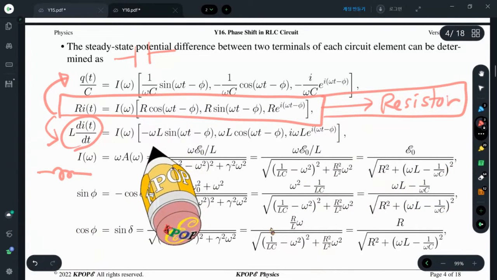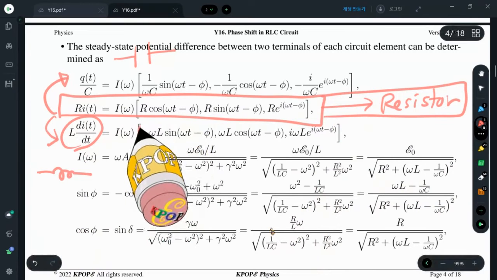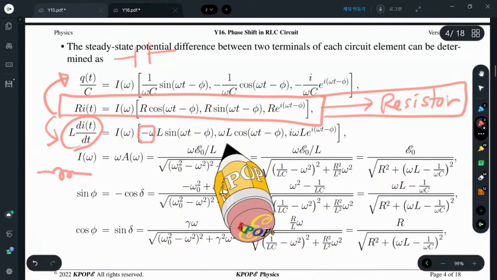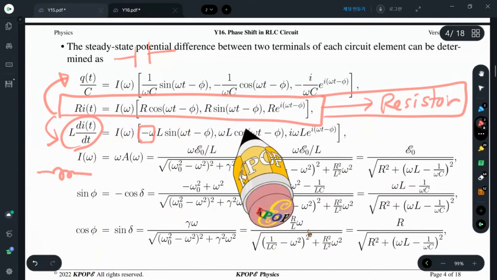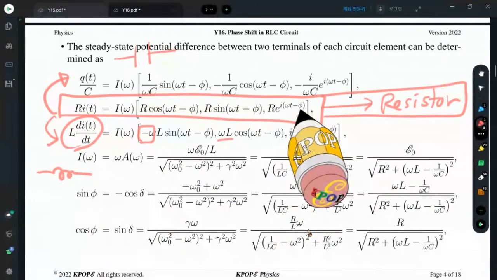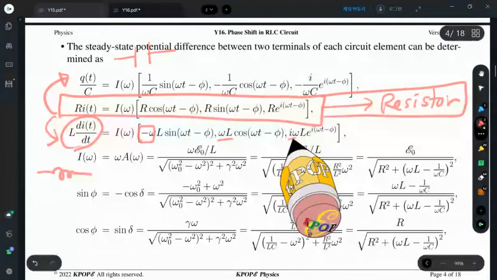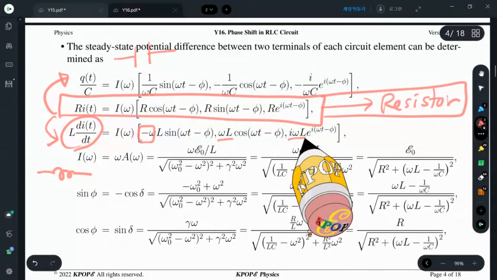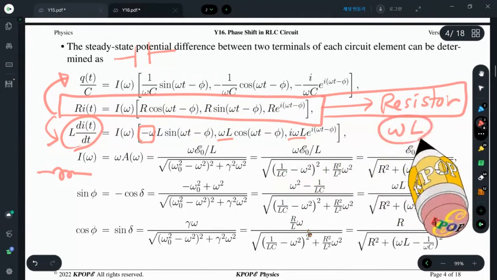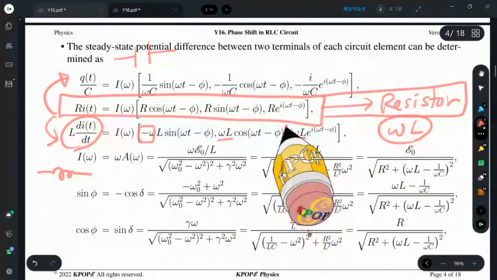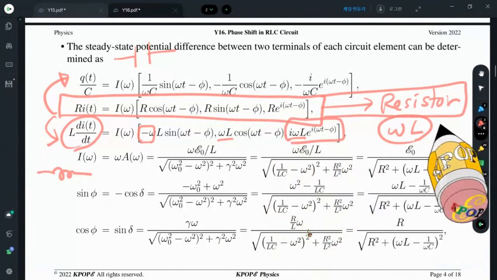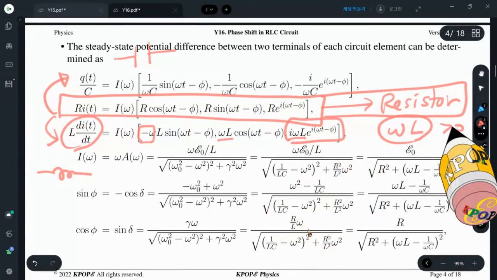If you take the time derivative, cosine becomes minus omega. In here, sine becomes cosine omega. In here, i omega L. In any case, we have omega L style. If you look at this, it brings in an imaginary part with positive sense.